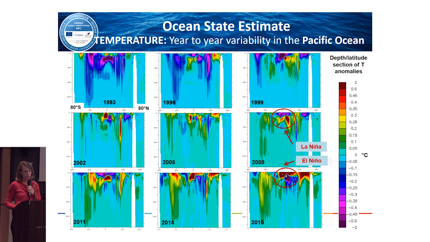And also we can see the strong impact of the different ENSO events. For a La Nina event, for example, for the year 2008, we have colder water than the mean in the top 100 meters, and warmer water below during a La Nina event in the equatorial Pacific Ocean, and during an El Nino event, it's the reverse.